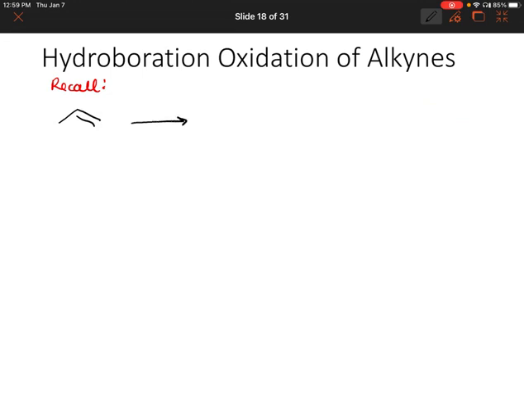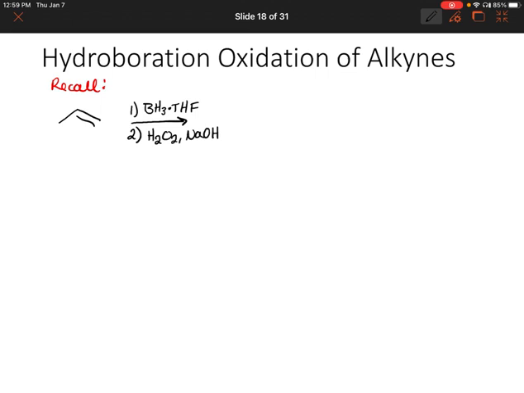Alright, so recall that if we have an alkene, in order to perform hydroboration oxidation, we need to first add a molecule called borane tetrahydrofuran, and that's followed by hydrogen peroxide and sodium hydroxide.